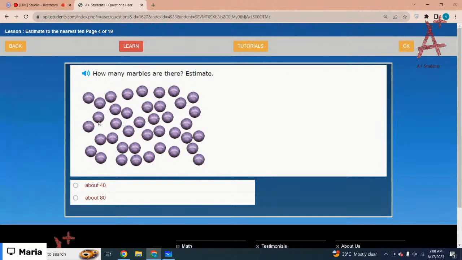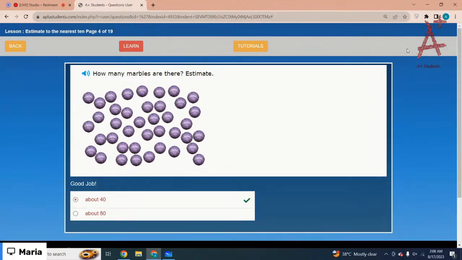If you can see, there are groups of 10: 1, 2, 3, and there are 4 groups, so they are about 40. The correct option is about 40.